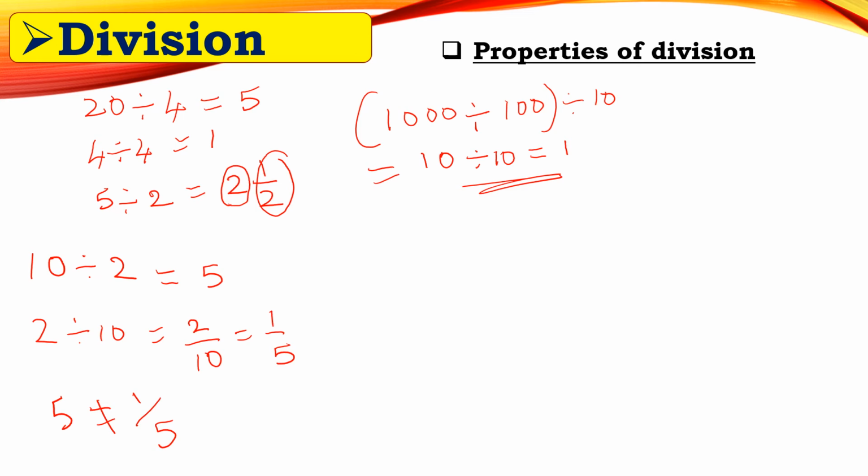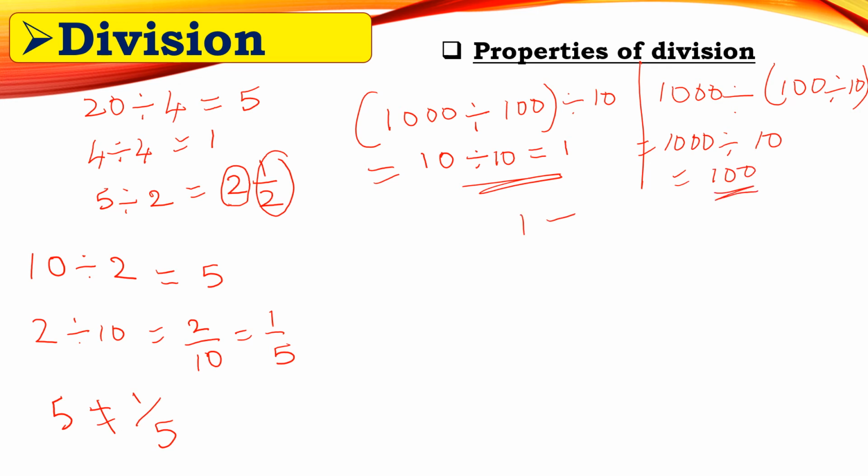So now, 1000 divided by 100 divided by 10. What do you get? 1000 divided by 10. What is your answer? 100. Is 1 equal to 100? No, 1 is not equal to 100. So division is not associative.